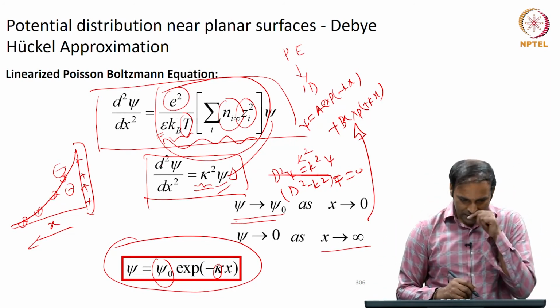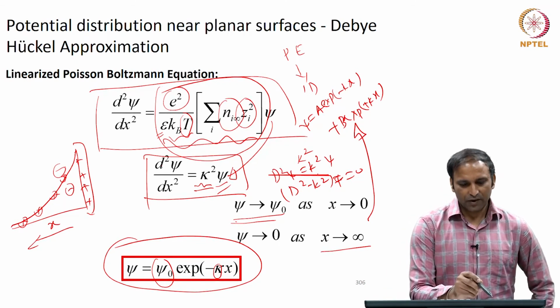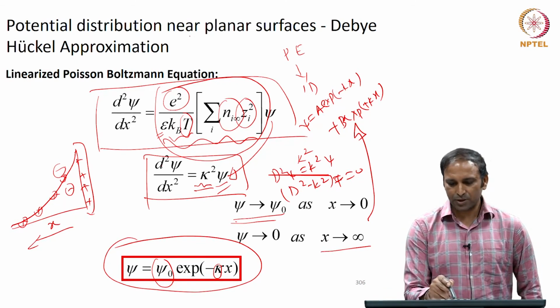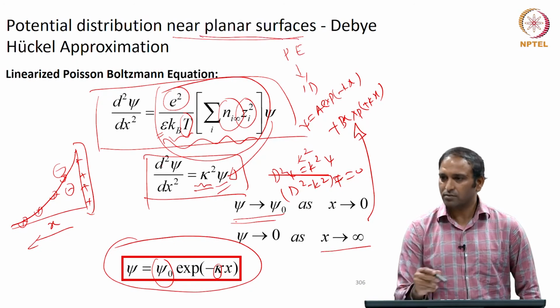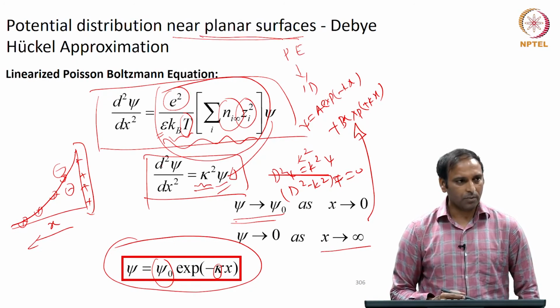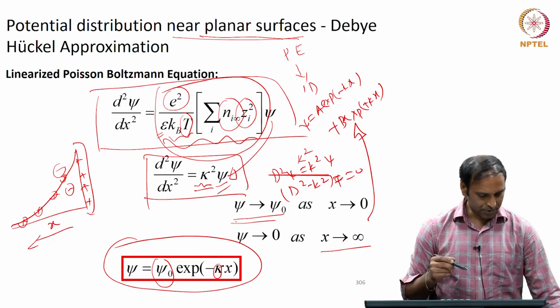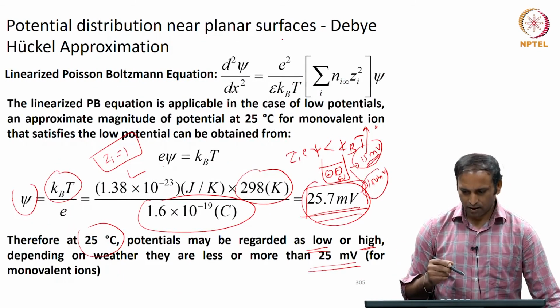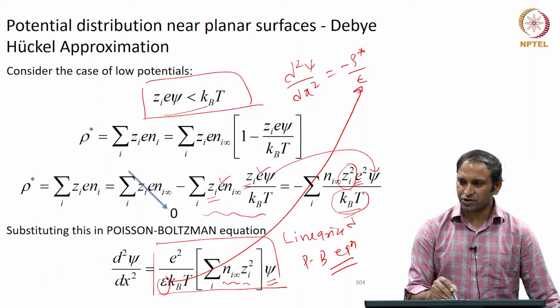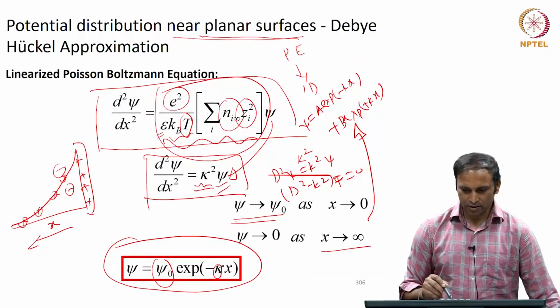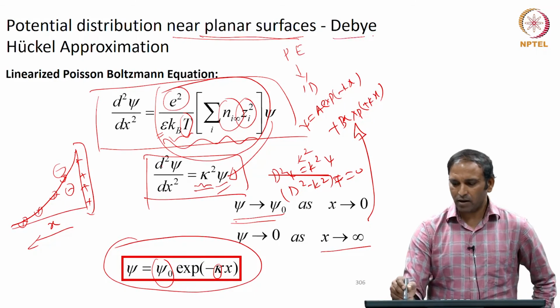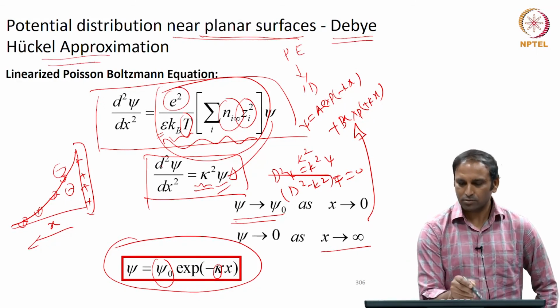So, what we have done is a case where we think about the potential distribution near a planar surface. This particular assumption of low potential is what is called the Debye-Huckel approximation.